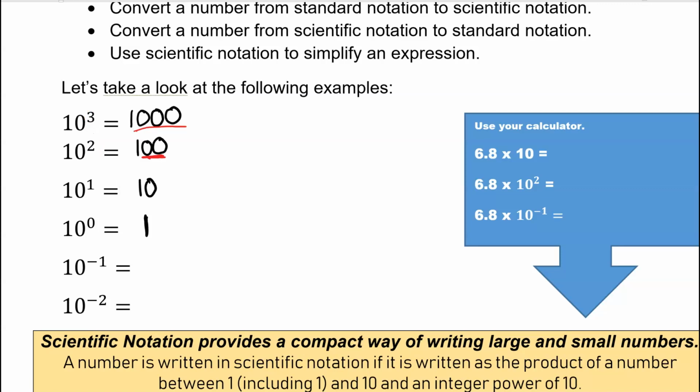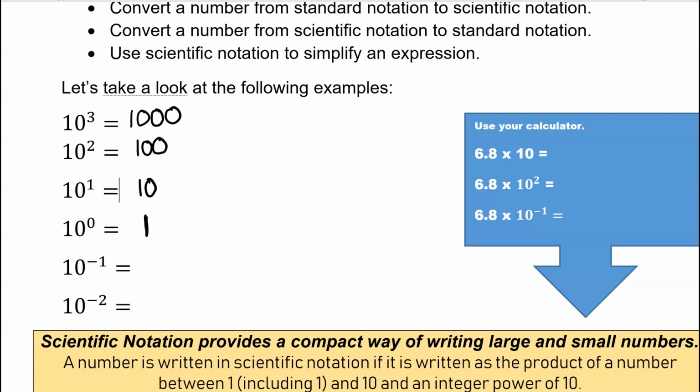But I do want you to notice that there is a pattern. If you divide each one of these numbers by 10, you'll get the number below it. If you divide 1,000 by 10, you'll get 100. If you divide 100 by 10, you'll get 10. And another proof that this is 1: you divide this 10 by 10, you'll get 1.